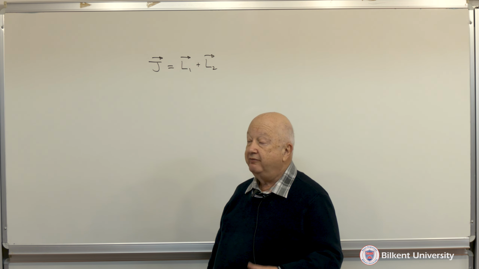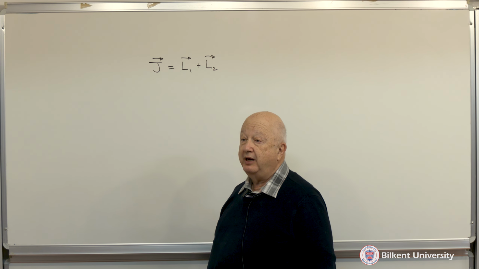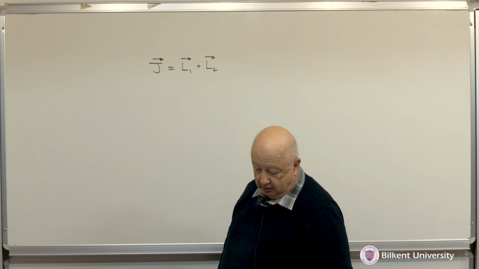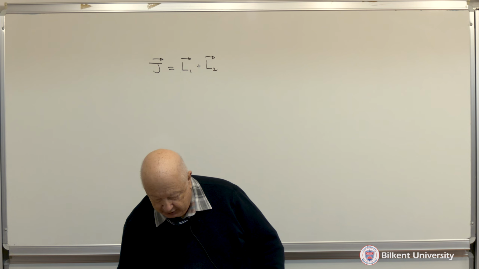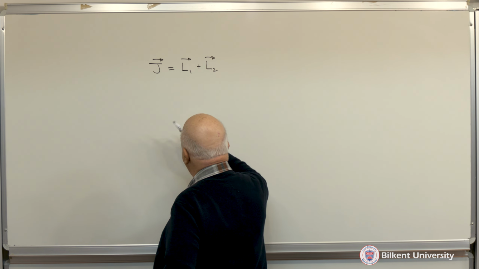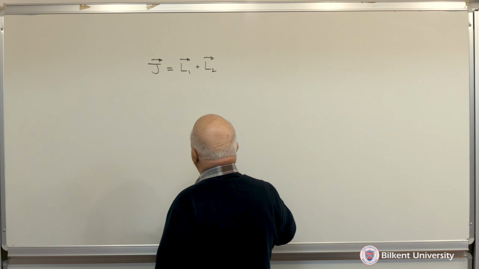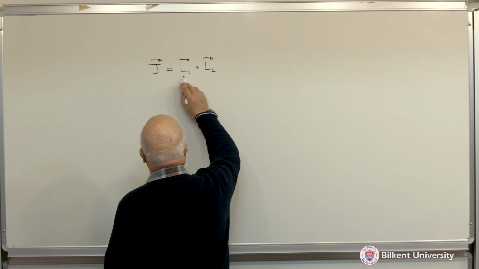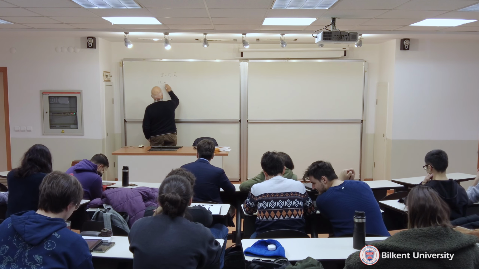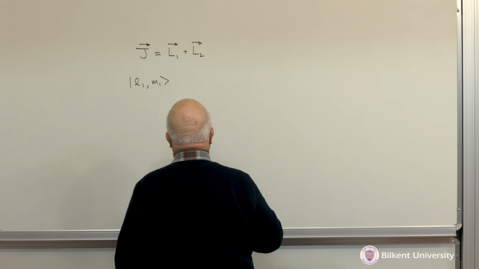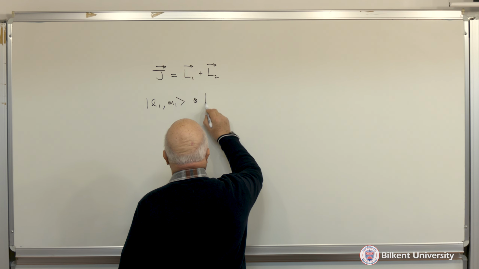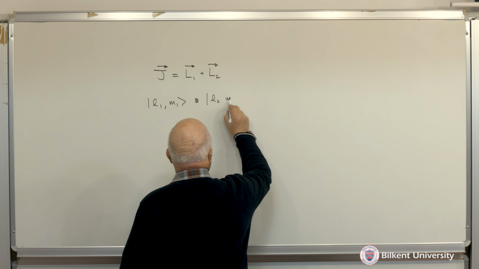So we must have total angular momentum states which we can use. For the original angular momenta states, we have things which look like L1, M1, and then we have an outer product of these things with L2, M2.